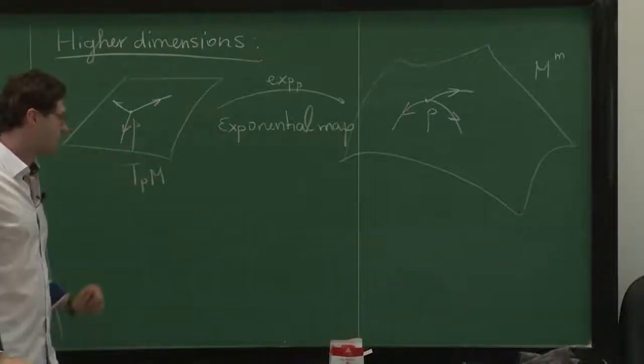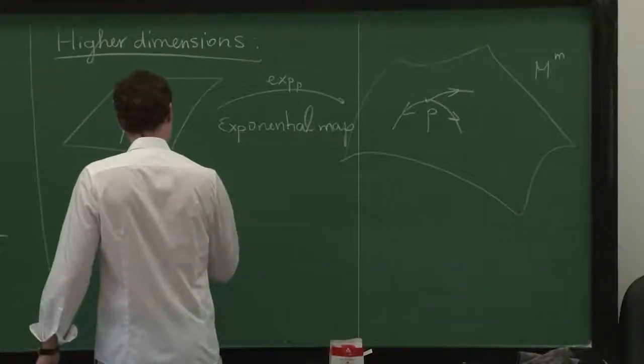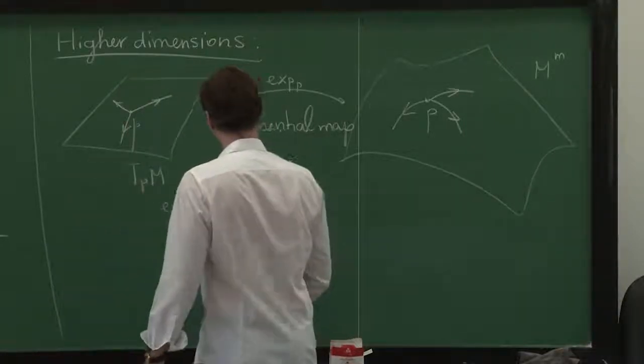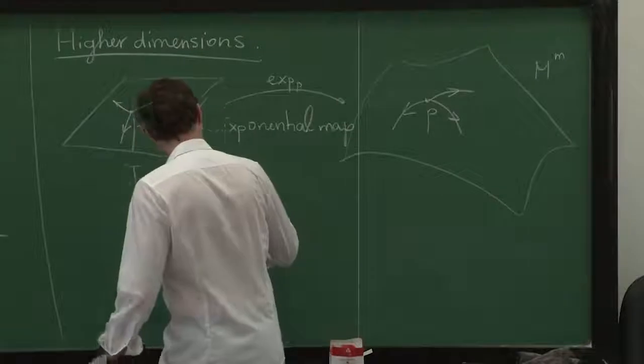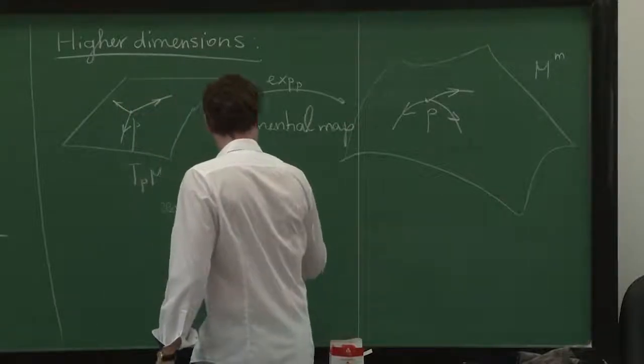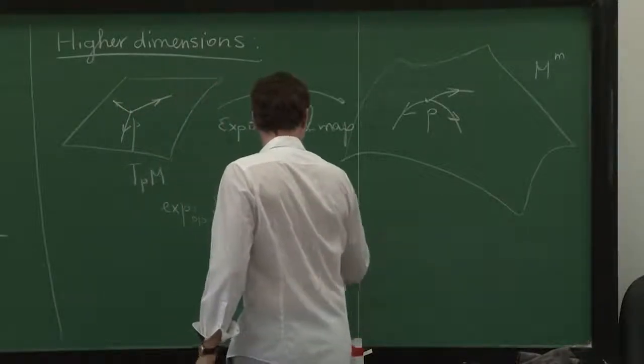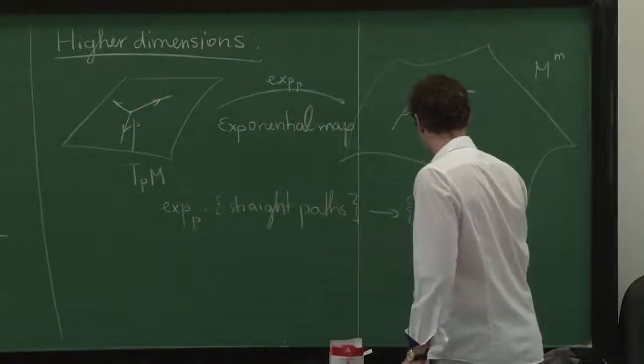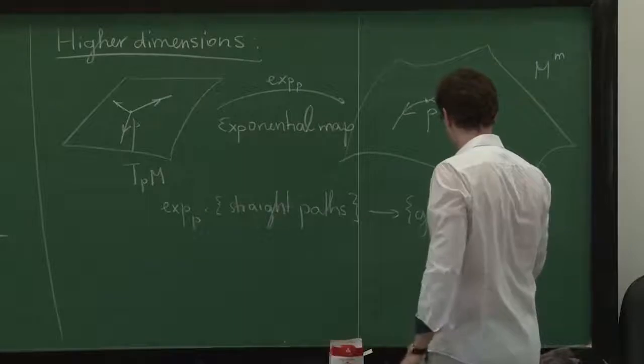So the exponential map at P takes straight paths and maps them to geodesics, which are the shortest possible paths here.